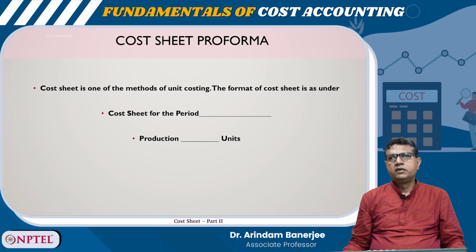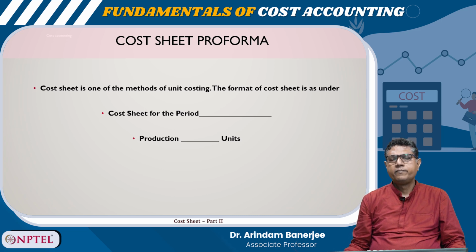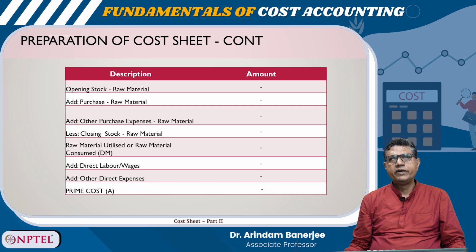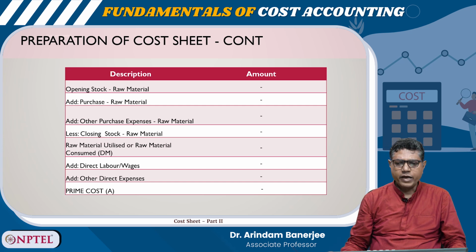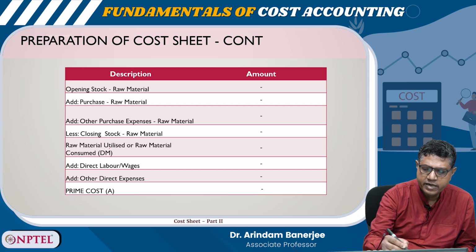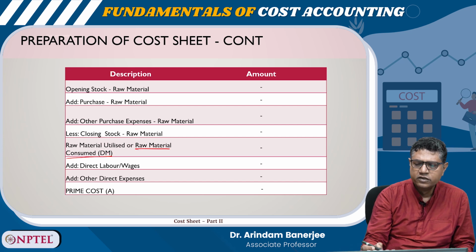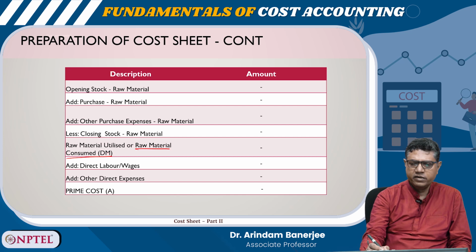So this is the cost sheet, general cost sheet pro forma, right? It is used for calculating the cost per unit. So how does it happen? I need to calculate first the material consumed, right? So what is the formula for material consumed?